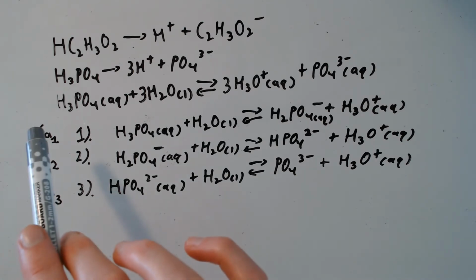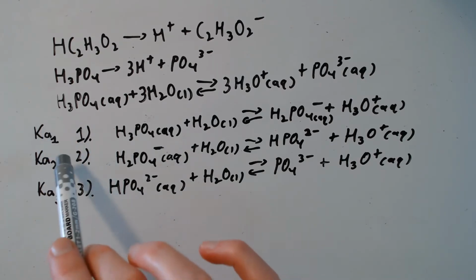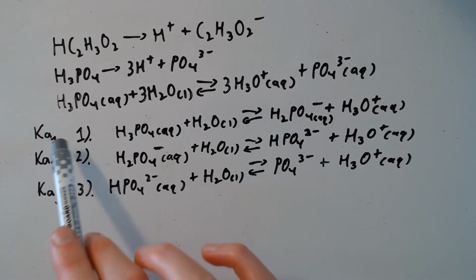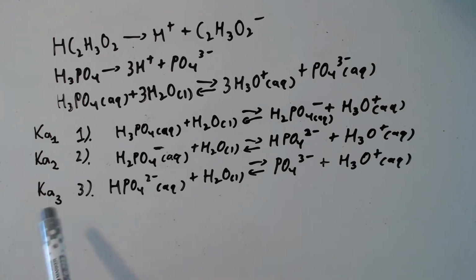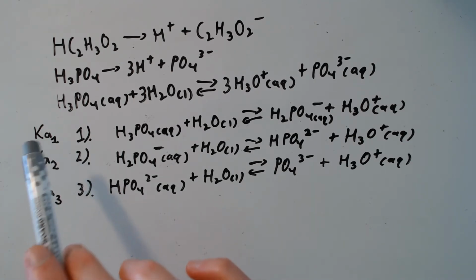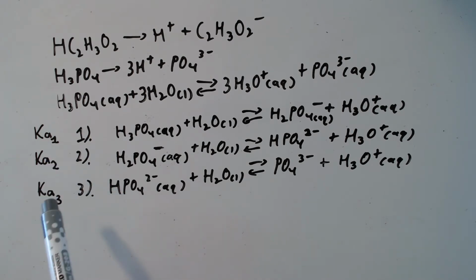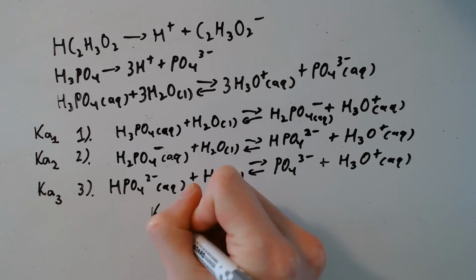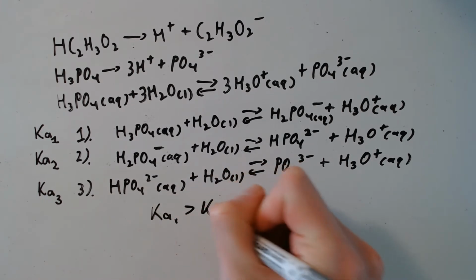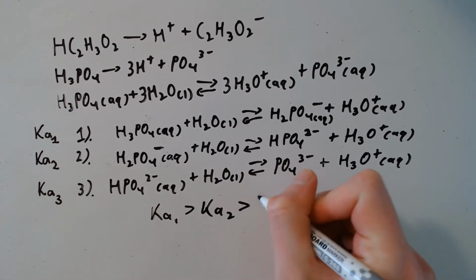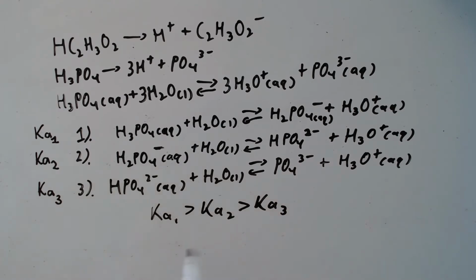So these Kas for each progressive reaction are labeled Ka1, Ka2, Ka3. The Ka1 is much higher than Ka2, and the Ka2 is much higher than Ka3. Essentially, the progression goes like this, where the Ka1 is higher than Ka2, and the Ka2 is higher than Ka3.